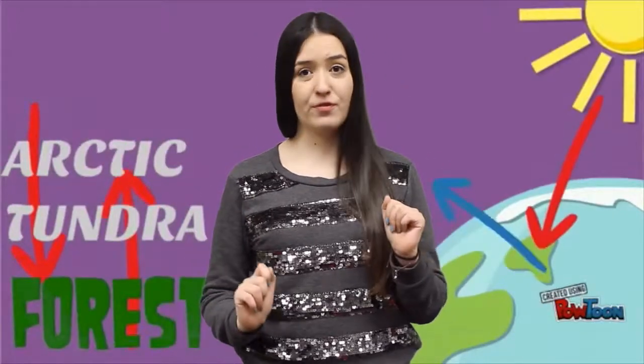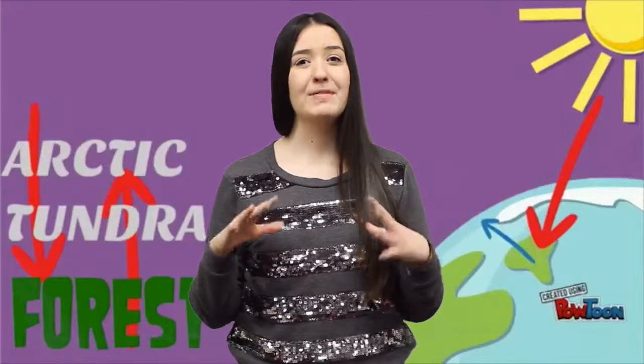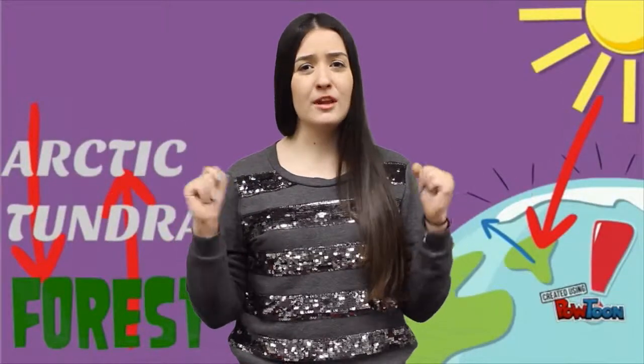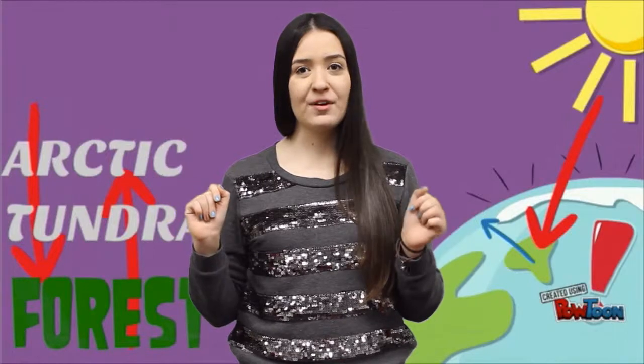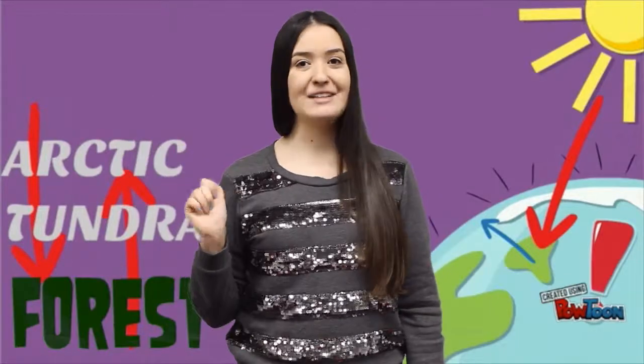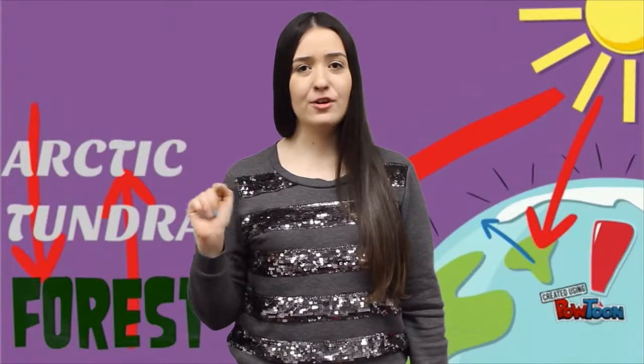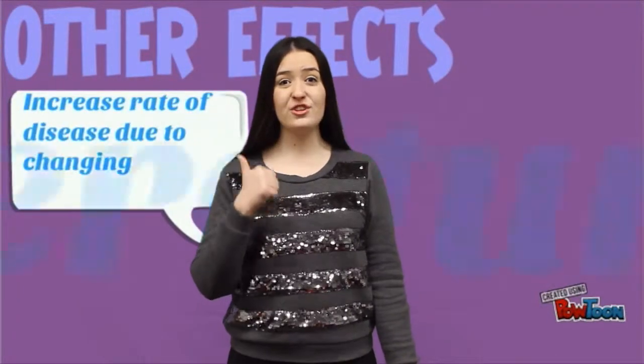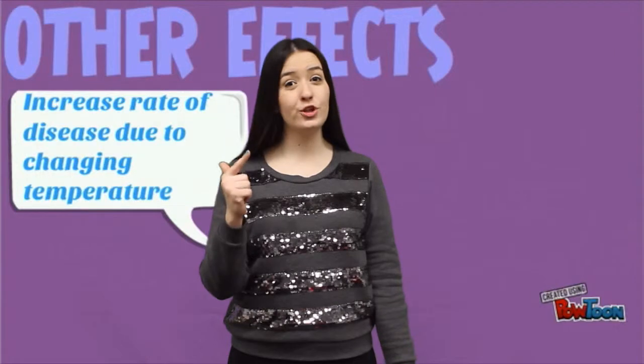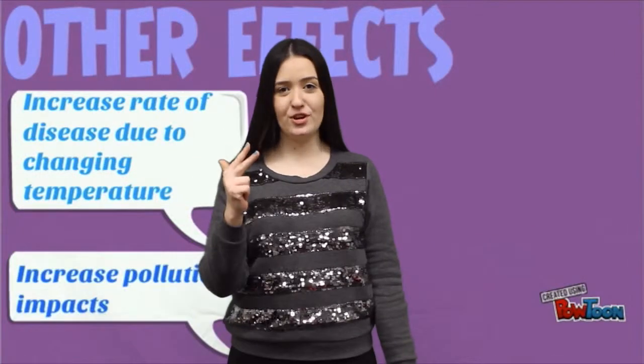The projected reduction in tundra and expansion of forest will cause a decrease in surface reflectivity, amplifying global warming because the newly forested areas are darker and more textured, and thus will absorb more solar radiation than the lighter, smoother tundra. Other effects include increased rate of disease due to changing temperatures, increased pollution impacts, and increased competition among species.